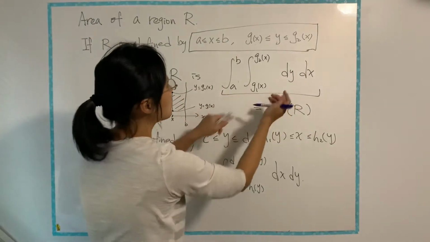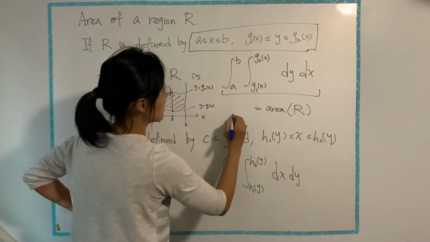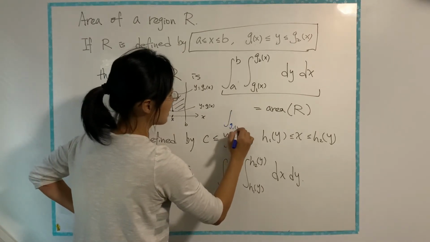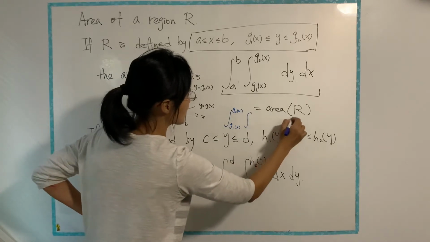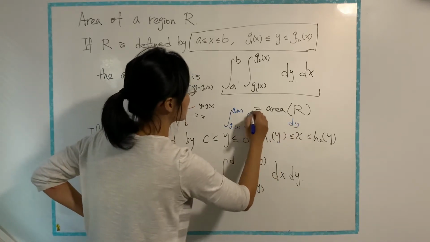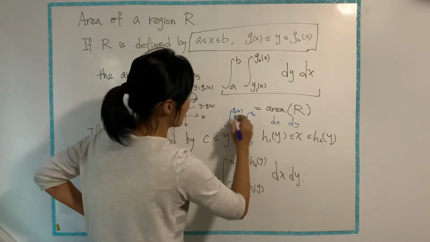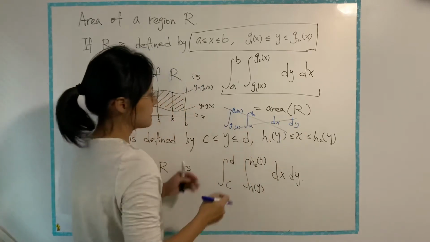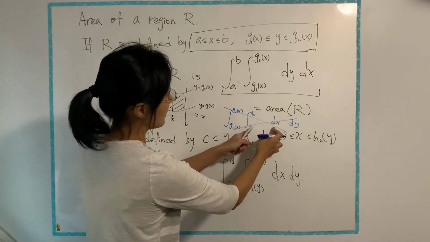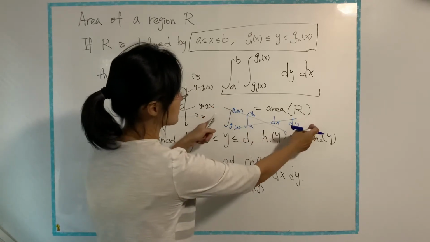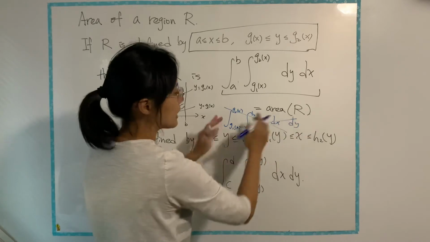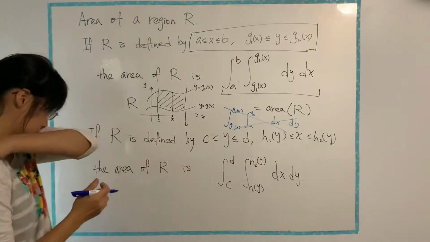So I would not say the area is the integral from g1 of x to g2 of x with respect to y, and a to b with respect to x. This is wrong. We always write the one that's bounded by constants only outside, not the other way around. The order is important.